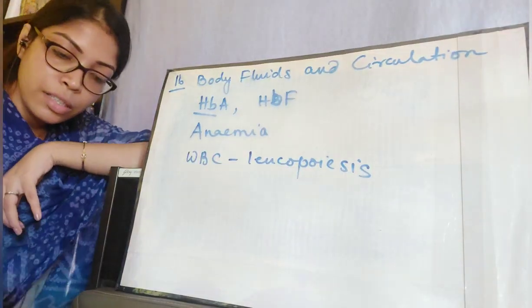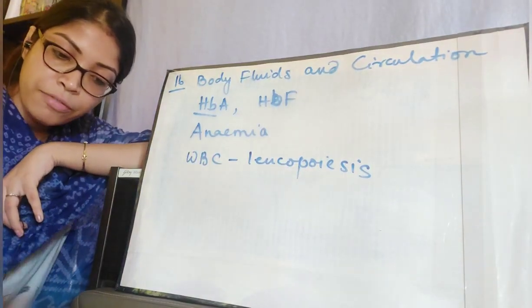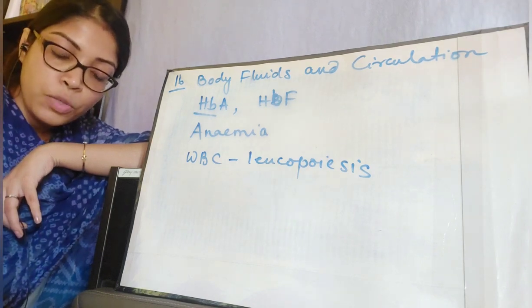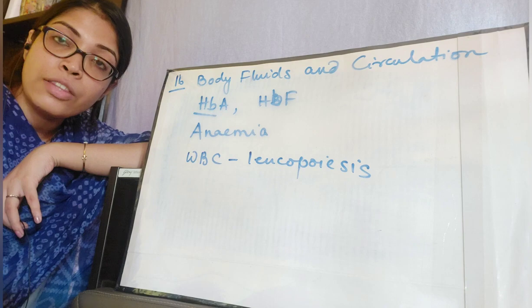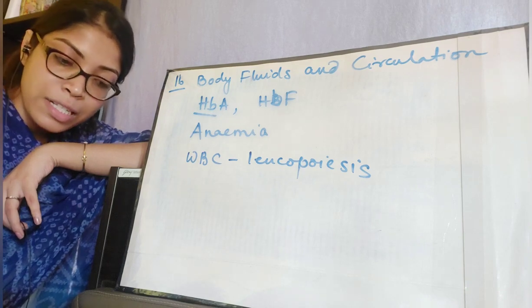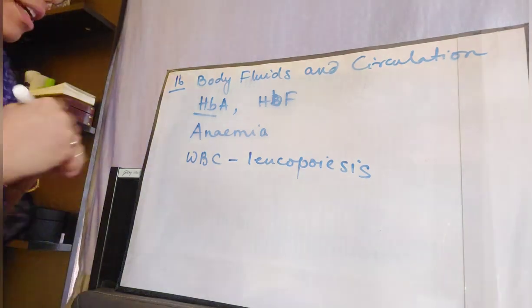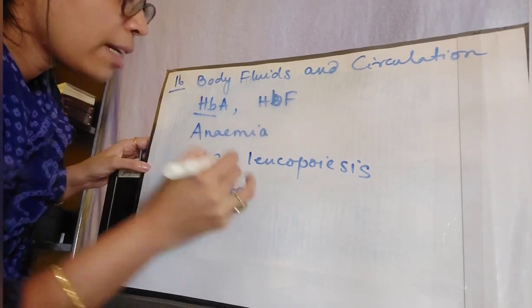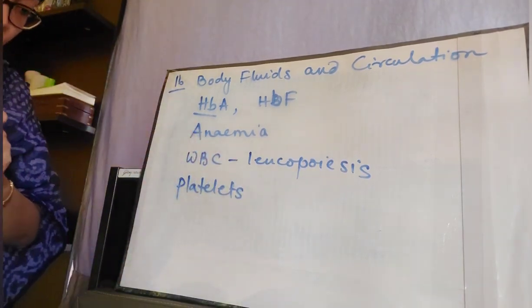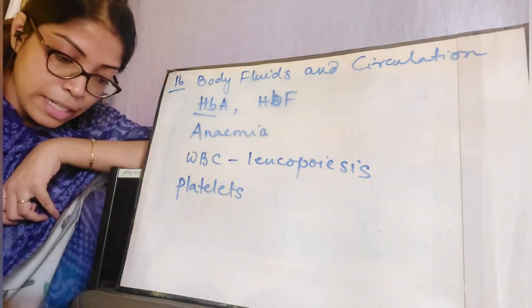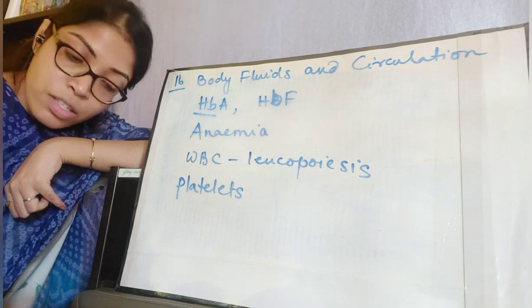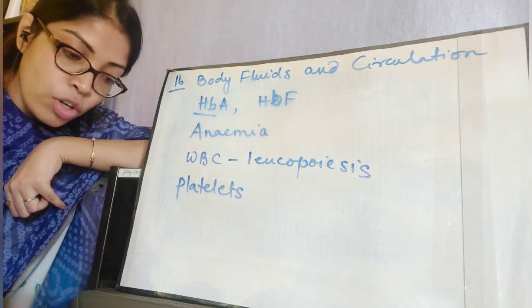After we are done with the different types of white blood cells, next we are going to talk about the third category of blood corpuscles, which is known as platelets. The other name of platelets is thrombocytes. I've already told you. So how can we define platelets? The blood corpuscles which are small, oval or biconvex shaped, colorless, non-nucleated.